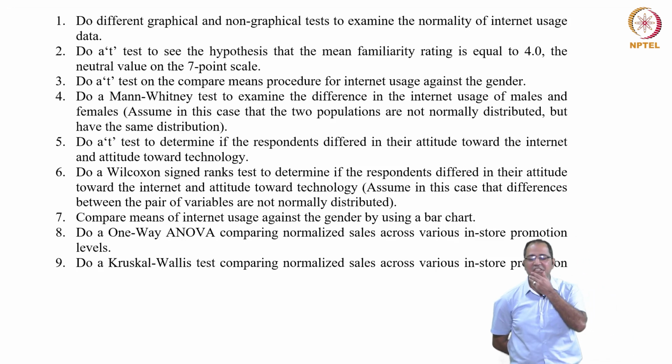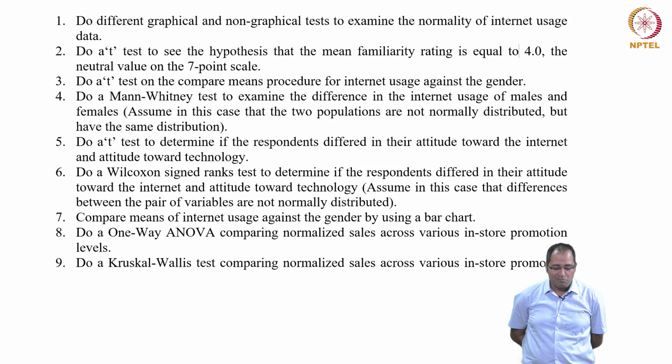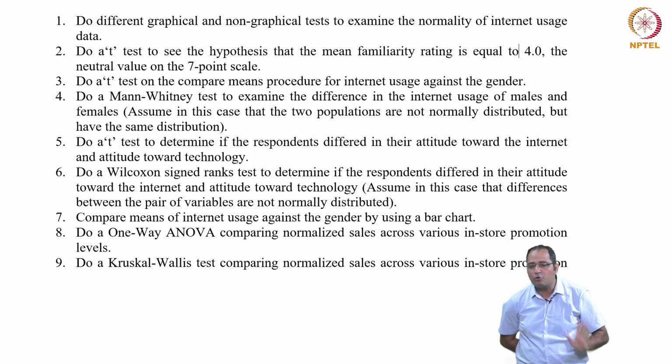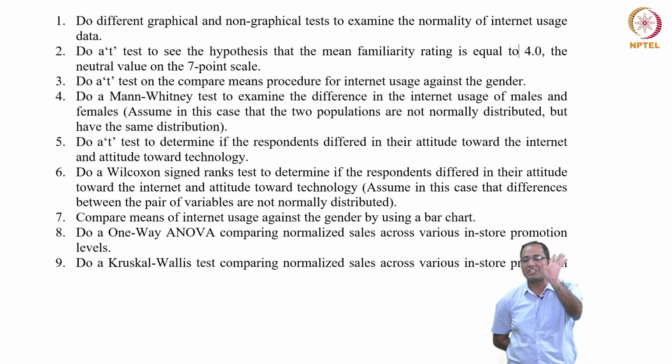For example, let's say somebody works in Uber and they say please conduct the hypothesis test that our mean satisfaction of our customers on a 5-point scale is equal to 4. Suppose this task is given to you.